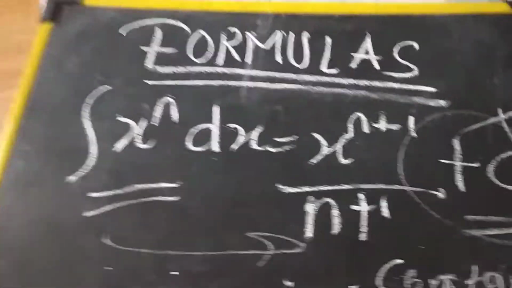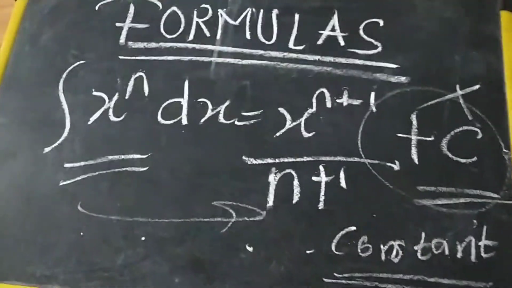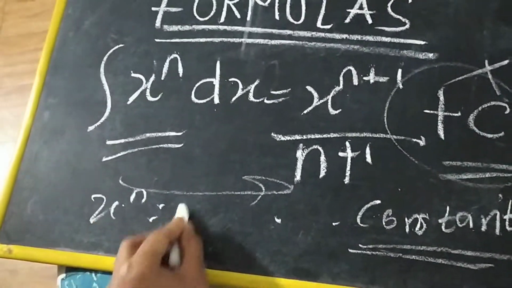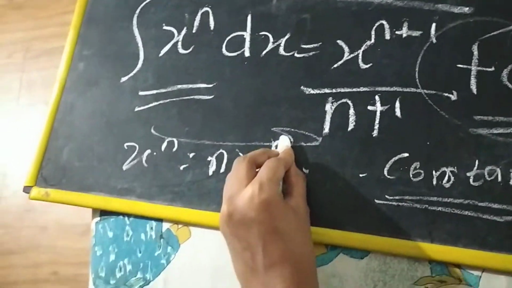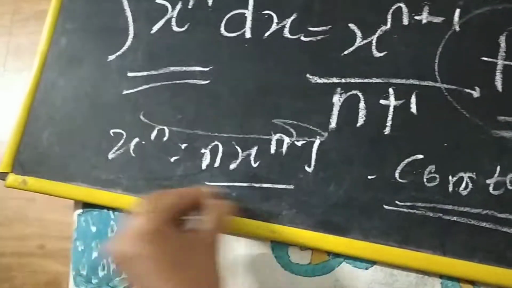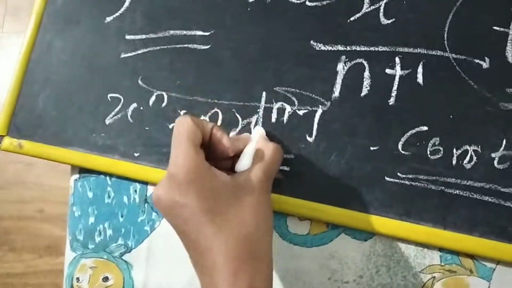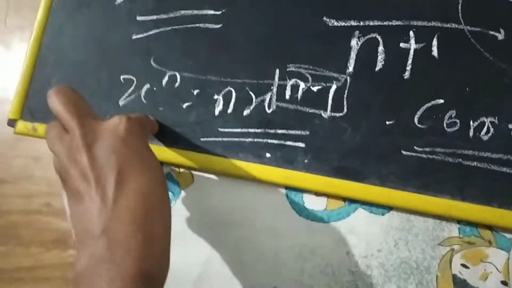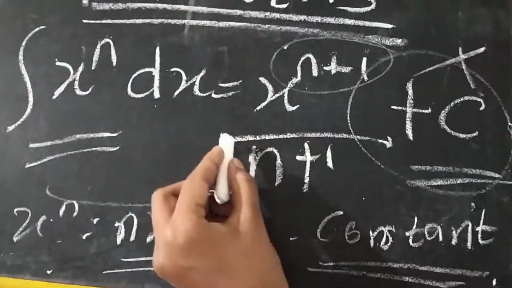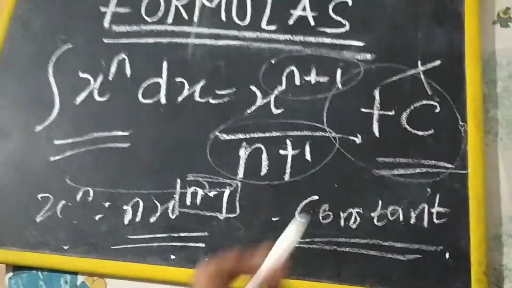Okay, so as I told you, the derivative of x raised to n is n x raised to n minus 1. So now the integration will become x raised to n plus 1 (here it was n minus 1, but in integration it becomes n plus 1) upon n plus 1 plus c.